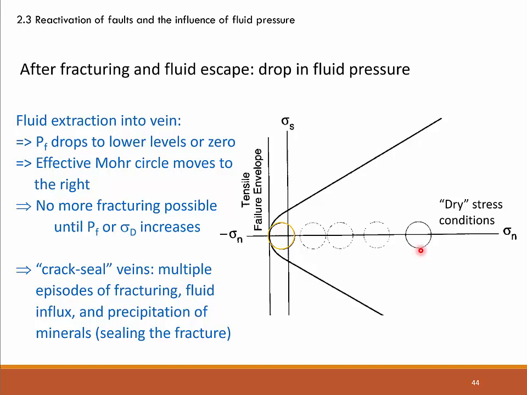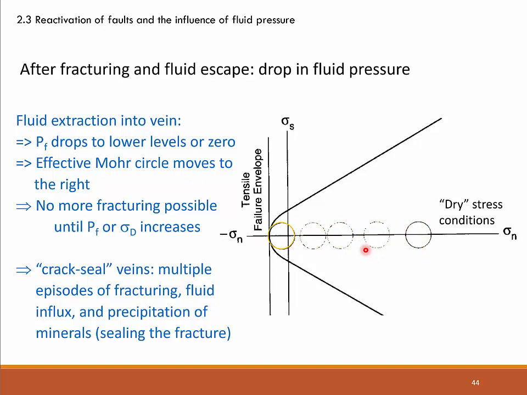What needs to happen is that the pore fluid pressure rebuilds, perhaps by the release of new fluids, perhaps by increasing temperature. And this process can alternate repeatedly until the fluid system or the generation of fluids comes to an end.